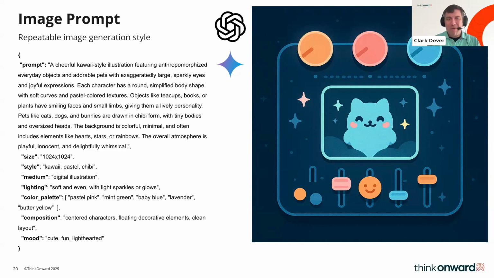I think the important thing to take away here is that the JSON makes it reproducible. So again, you can feed a bunch of images you like to an LLM, ask the LLM to describe it as a JSON object, and then use that as a constraint in future prompting. It allows you to templatize your visual identity, and you can give it specific colors, a brand-safe color palette.